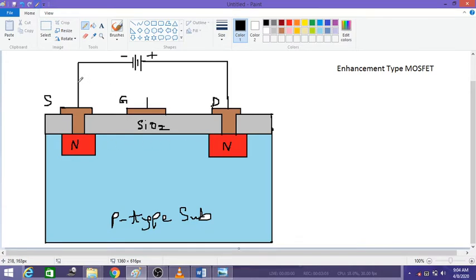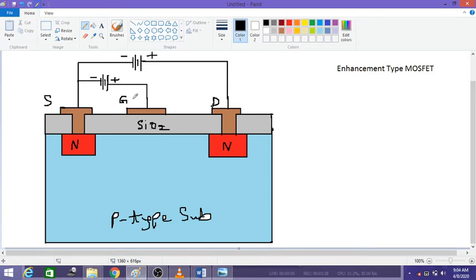Here let us apply the bias to the gate. We apply a positive potential to the gate. We do not apply a negative potential because there is no point in doing so.